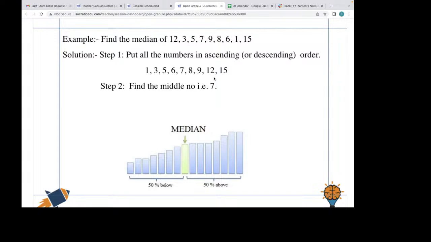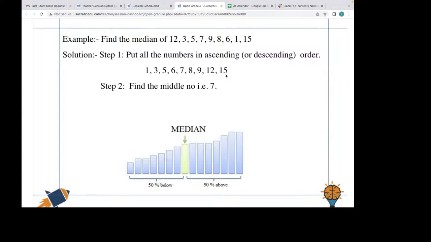You can arrange your numbers either in ascending order or in descending order. So here the numbers are arranged in ascending order. First the smallest number 1, then 3, then 5, then 6, 7, 8, 9, 12 and 15.